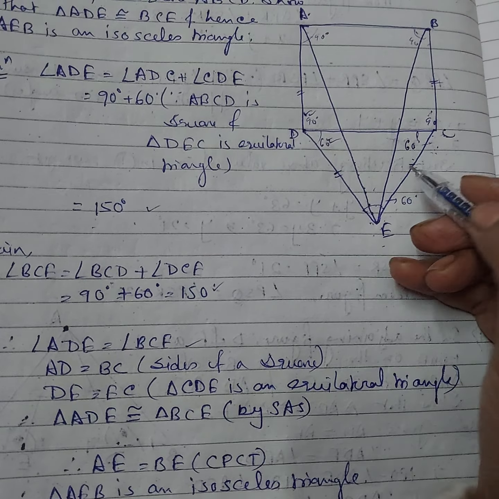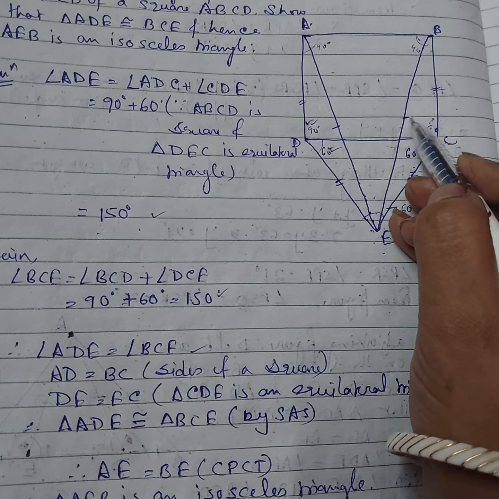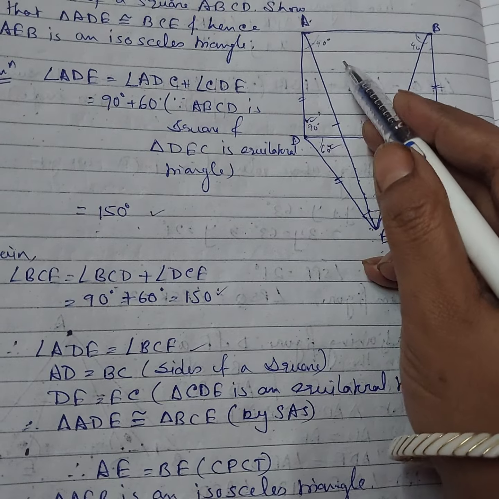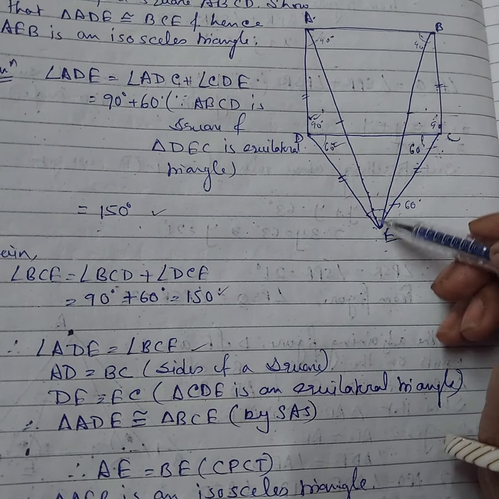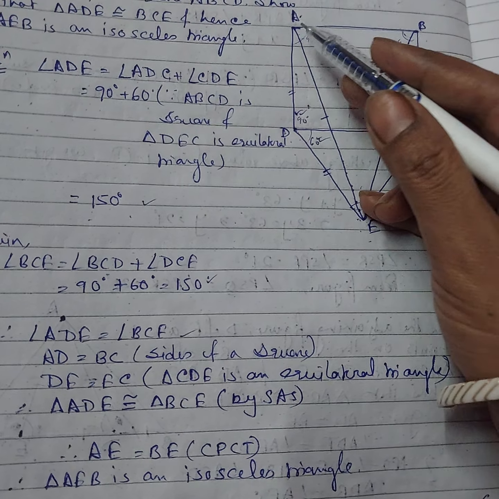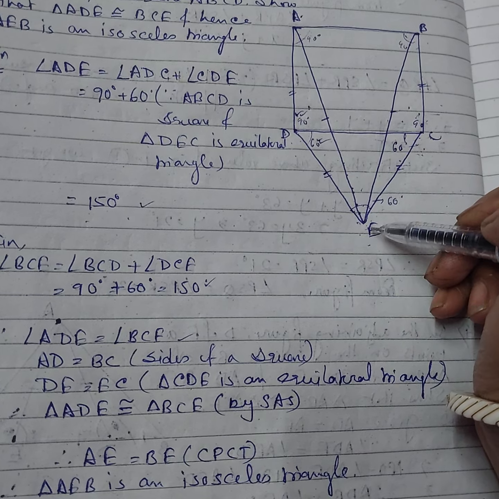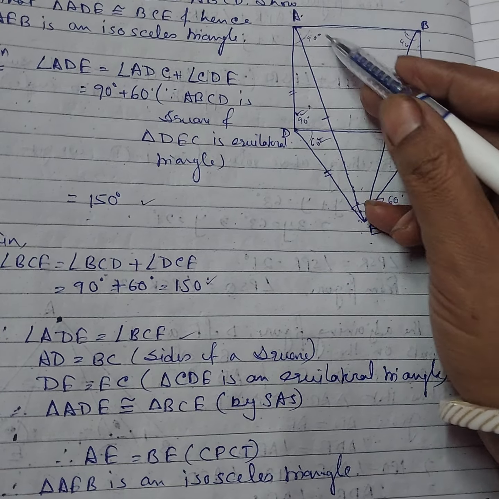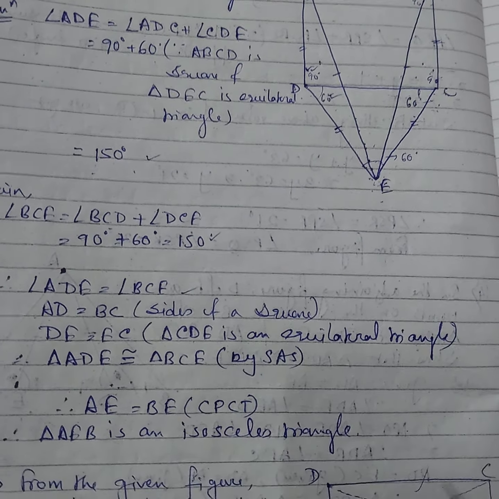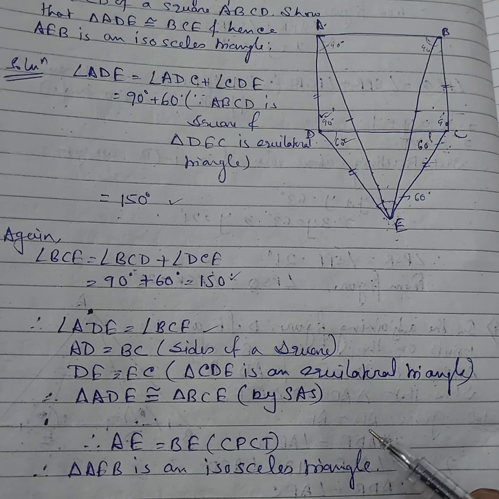So from that we easily conclude that these sides of the two triangles are equal, side AE and BE, from the CPCT rule. Since AE is equal to BE, again we can conclude that triangle AEB is an isosceles triangle. Okay, hope you can understand clearly.